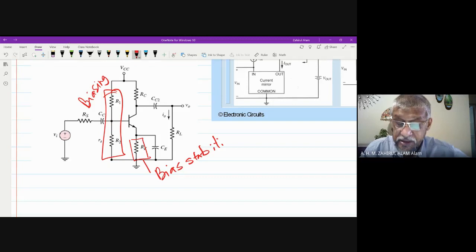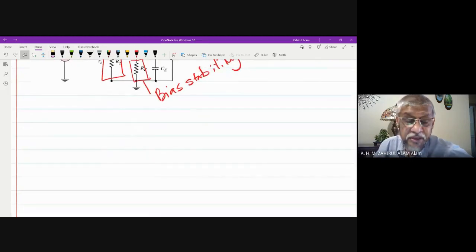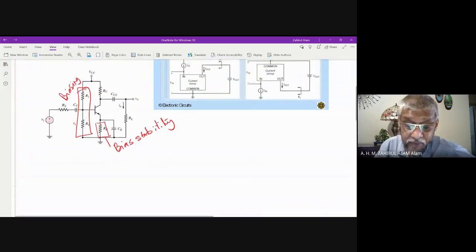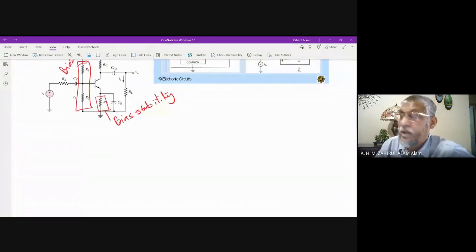So then the question arises, why do we need this biasing circuit or the biasing network R1, R2? Because in order for the transistor to be operated in the amplifier region, or as a switch, or other, we need to set our operating point.